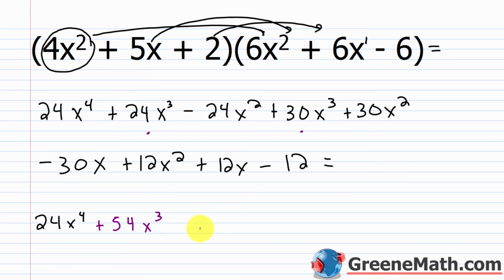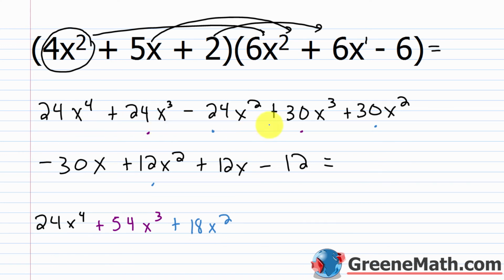And then next I have negative 24x squared, I have 30x squared, and I have 12x squared. So these are all like terms. So what is negative 24 plus 12? Well, I know that's negative 12. And then if I had negative 12 and I add 30, that's going to give me positive 18. So this would be plus 18x squared.